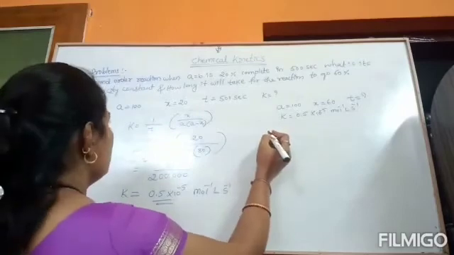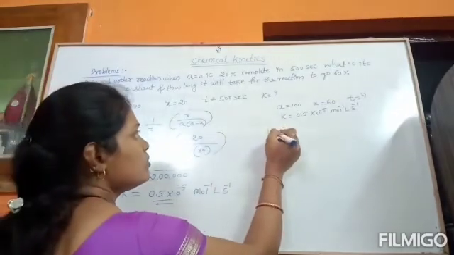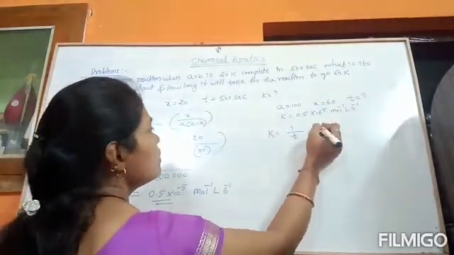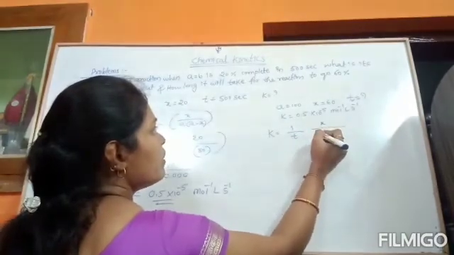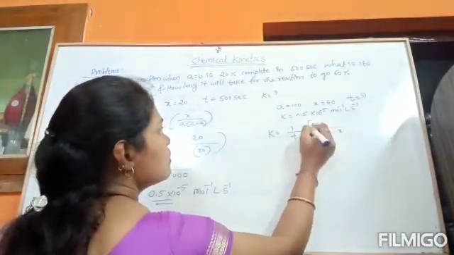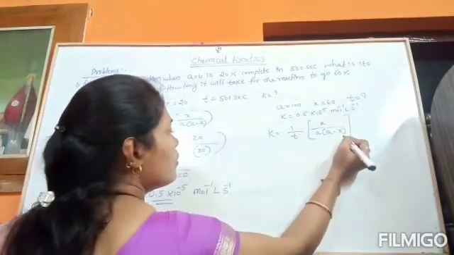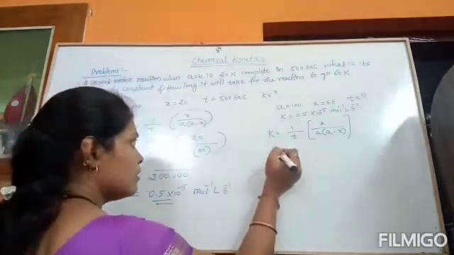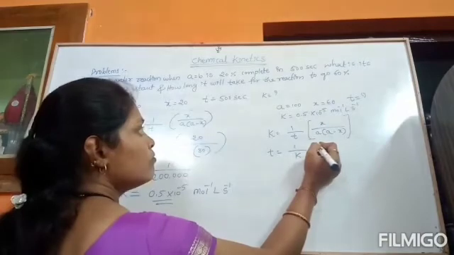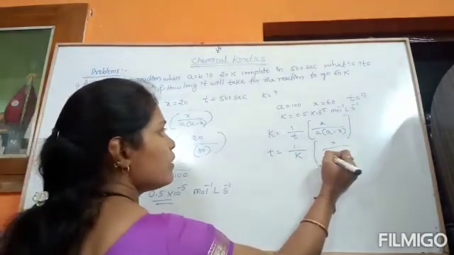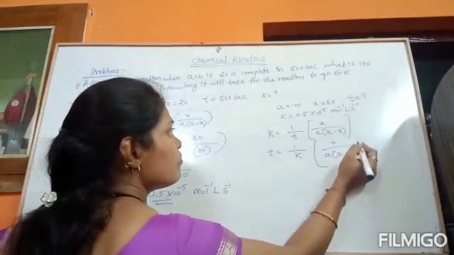Again take the equation, 1 divided by t, x divided by a into (a minus x). Take t outside, then x divided by a into (a minus x).